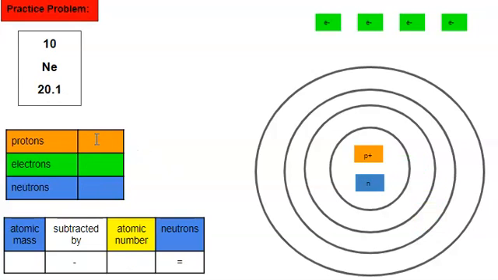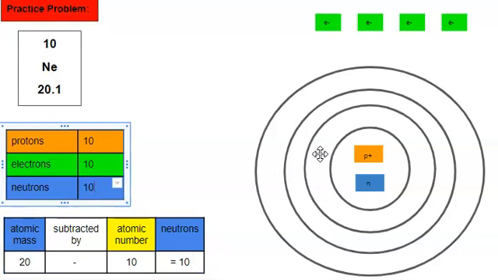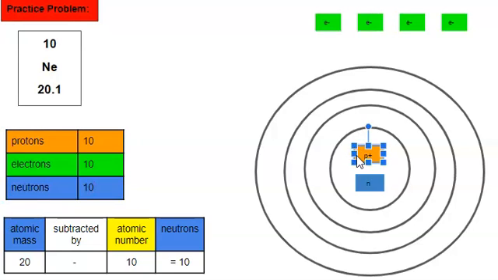Next up is neon. And neon has 10 protons, 10 electrons. Our atomic mass is 20 minus 10 gives us 10 neutrons. All right, put those in our nucleus, and we have 10 protons.